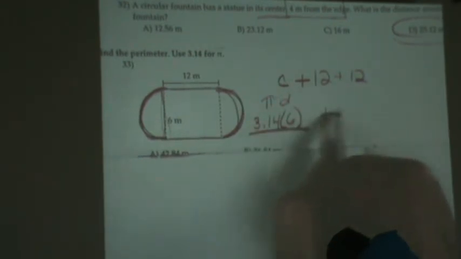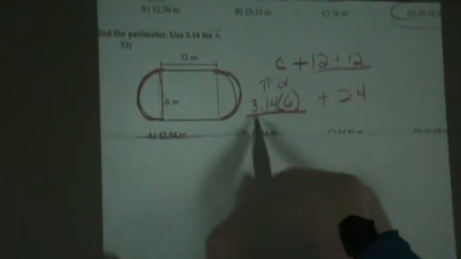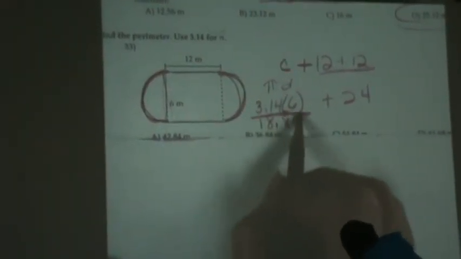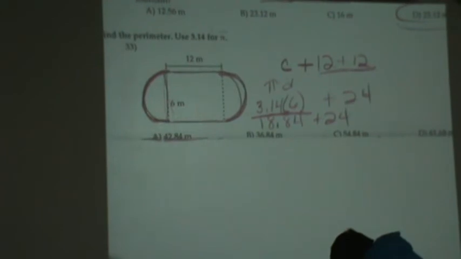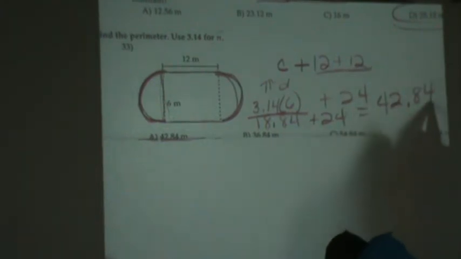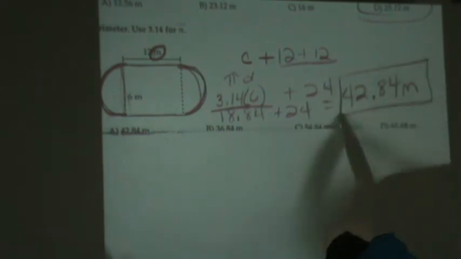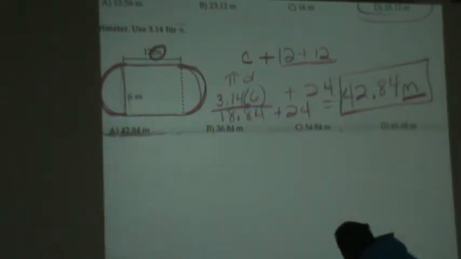After we do that, we'll add 24. So that's 18.84, and then add 24 is 42.84. And what is our units? Meters. We're going around it, it's not squared. Single units. For perimeter and circumference, it's single units.